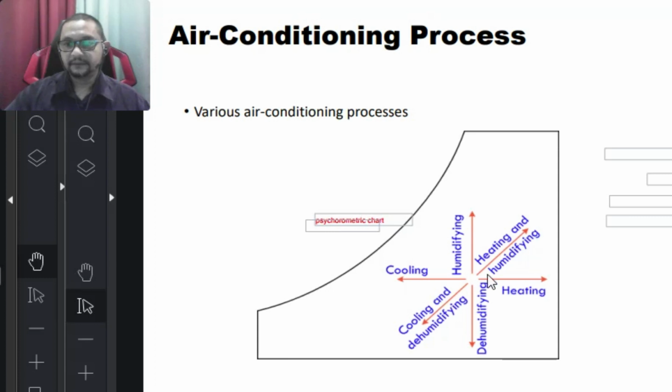Here, as you see, the cooling process is at the left side, horizontal left side, and the heating process is at the right side of the psychrometric chart.